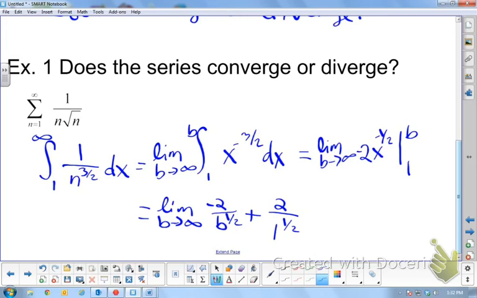And now I can do my limit. If I plug in infinity, what's going to happen? You're going to get 0 plus 2.